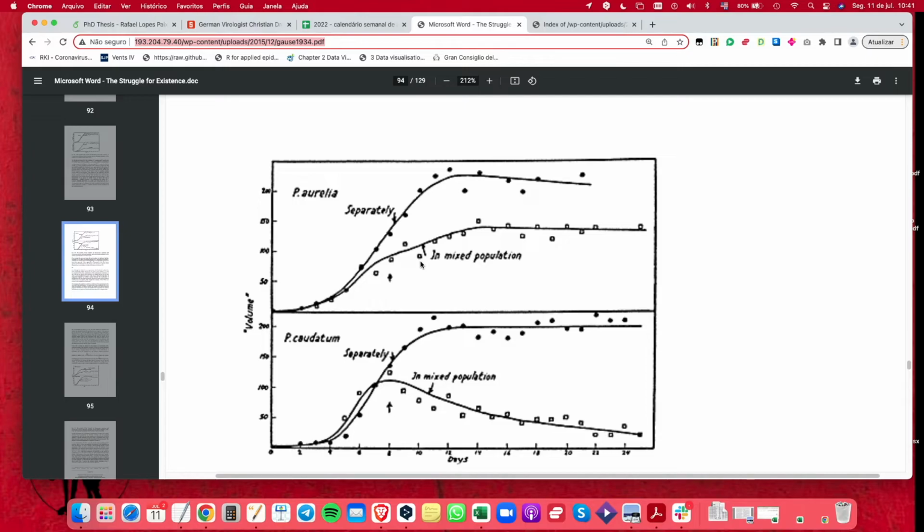It grows and then it goes back. Why? Yeah, so competition is probably weaker here because the size of the population of aurelia is smaller, and then we have the math for this, okay?